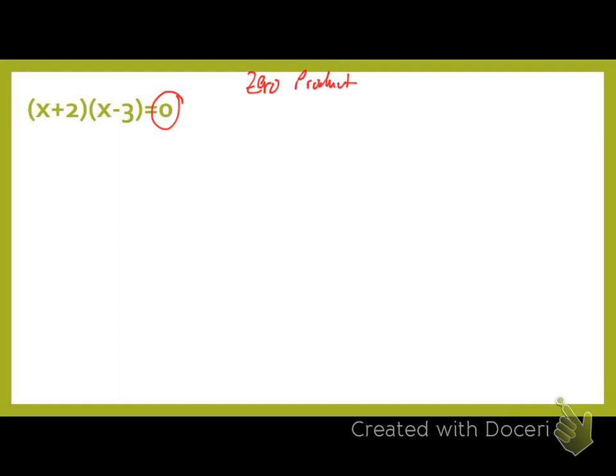The zero product property is that thing that says if you're going to multiply two things together, so if you're going to get a product, the product is the answer to a multiplication problem. So this right here on the left-hand side is the product. If that product is going to be equal to 0, like the equation says it has to be, then that means that one of your factors has to be 0, right?